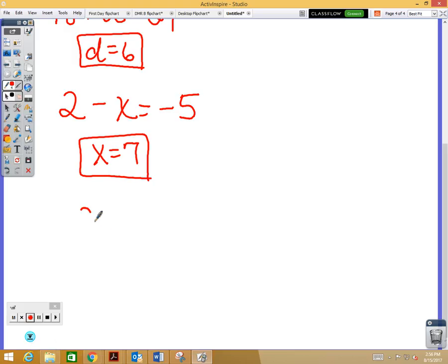How about x over 7 equals 5. 35 divided by 7 equals 5. Good.